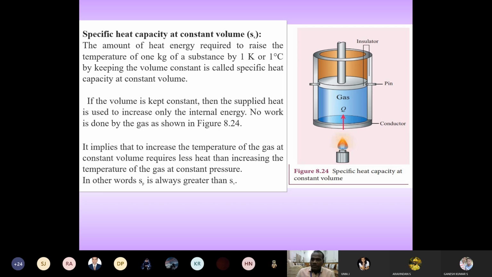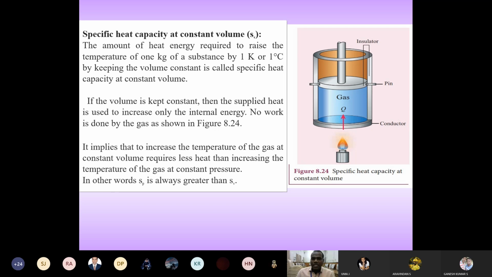Also, we have provided an insulator, and we are adding heat using this heating mandrel. So what will happen if you add heat to the system? The volume will remain the same, and there will be changes in the properties.